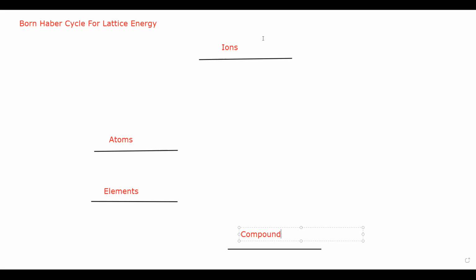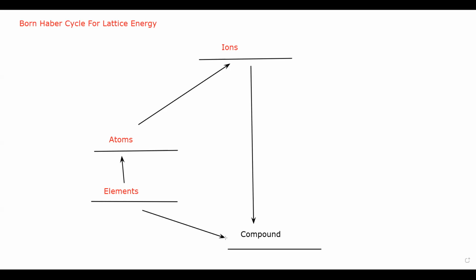So what does this cycle refer to? The Born-Haber cycle states the possibility that element can first form atoms, then atoms form the ions, then ions form the compound. This is the same as element directly forming the compound.